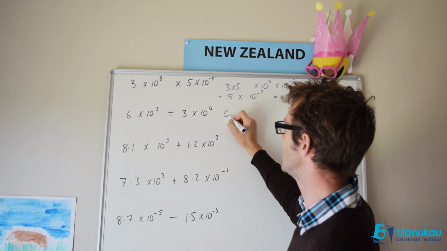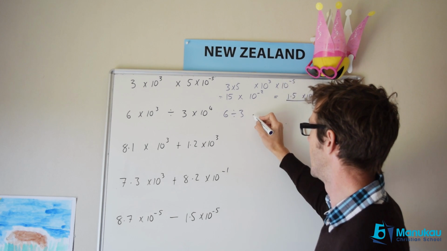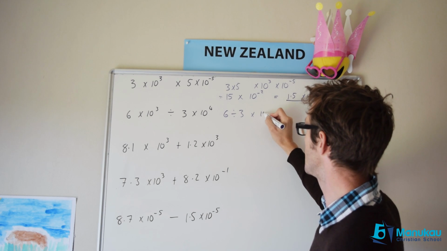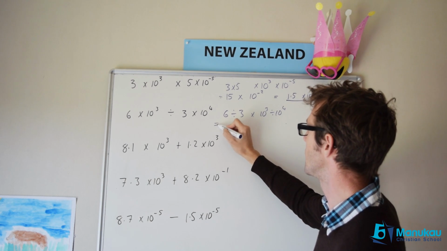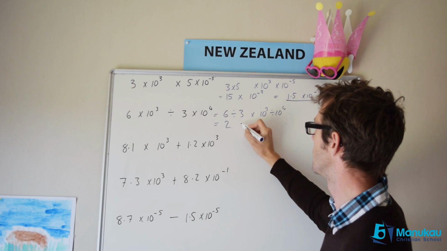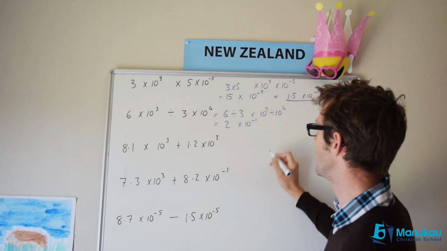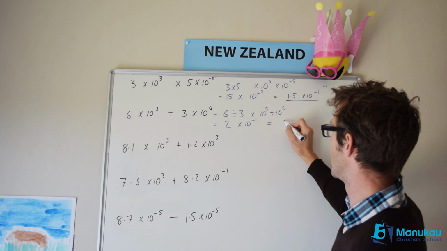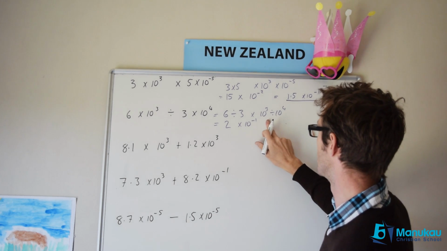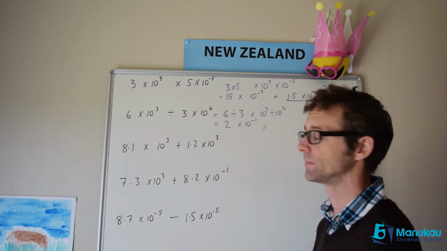We're going to say 6 divided by 3 times 10 to the power of 3 divided by 10 to the power of 4. This will be equal to 2 times 10 to the power, we use our index laws, of negative 1. We can leave it at that point: 2 times 10 to the power of negative 1.